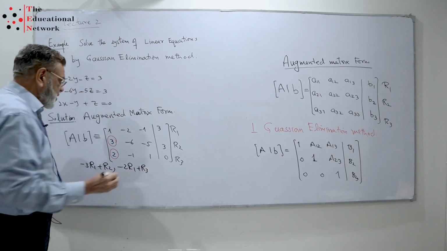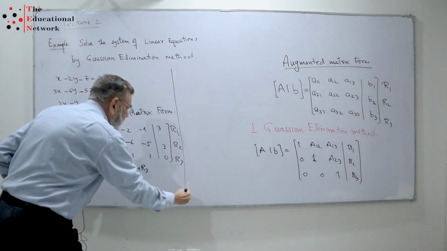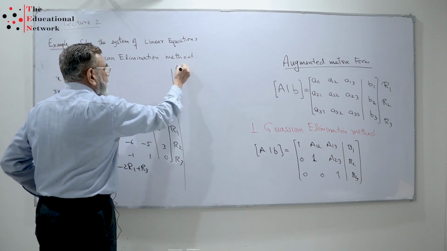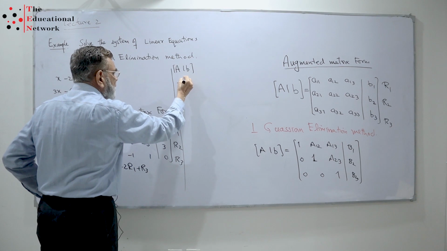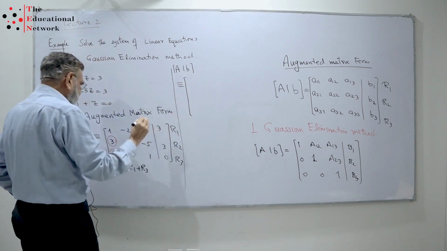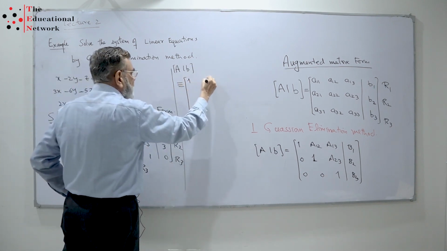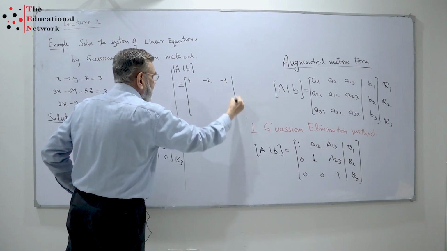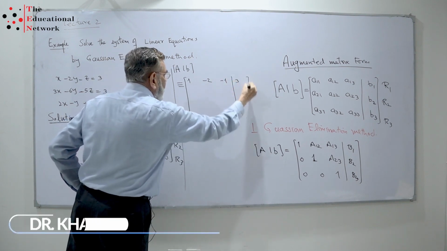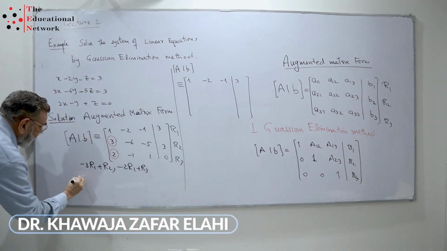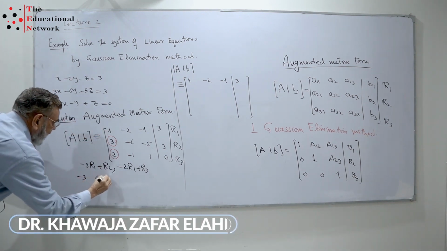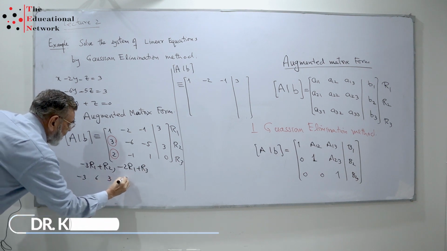In this way, we are able to change our augmented matrix form. This is my A, and this is my B. With my row operations, the first row remains the same: 1, minus 2, minus 1, and 3. For the second row, I multiply by minus 3 and get minus 3, 6, 3, minus 9.